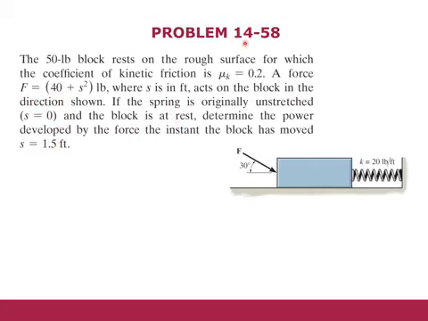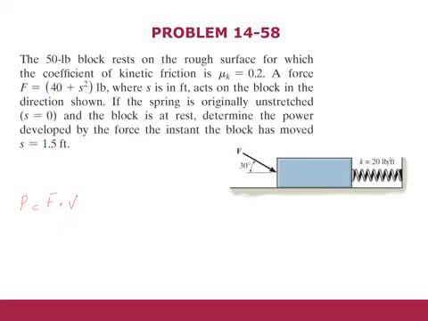We know that in order to calculate the power, we have a formula that P is equal to F into V, right? This is the velocity of the particle which is influenced by the force F. We have a force which is 40 plus s square, and s is given to us.